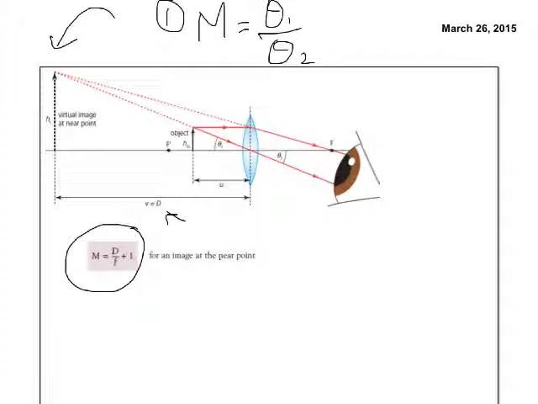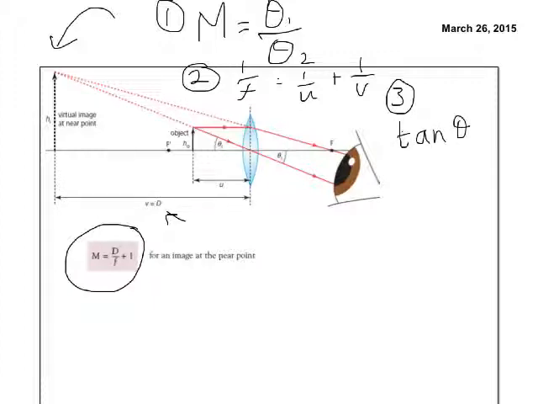The second is the thin lens formula, which is 1 over f equals 1 over u plus 1 over v. And the third, which is more of a mathematical simplification: if the angle is small enough, tan of the angle equals the angle. Now, let's begin with our derivation.